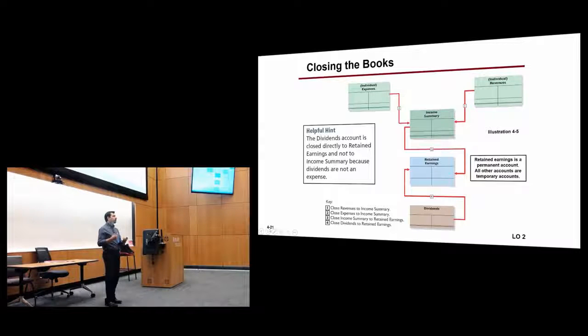The amount that will show on the income summary will be the same as the net income, and this is the number that will be closed to retained earnings. So in this case, how many entries do you make on the retained earnings account? One from income summary. And then there's a second one that you will make from dividends.